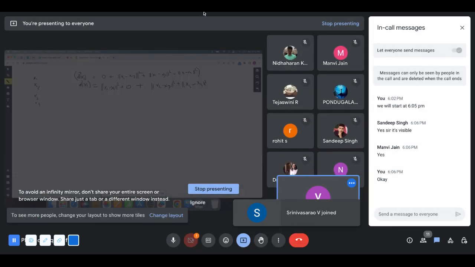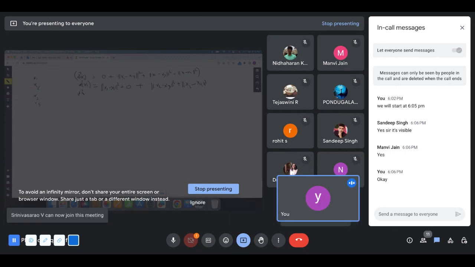Let's complete this. This is how you do d square of x3 and d square of x4. All right, I think that's it.